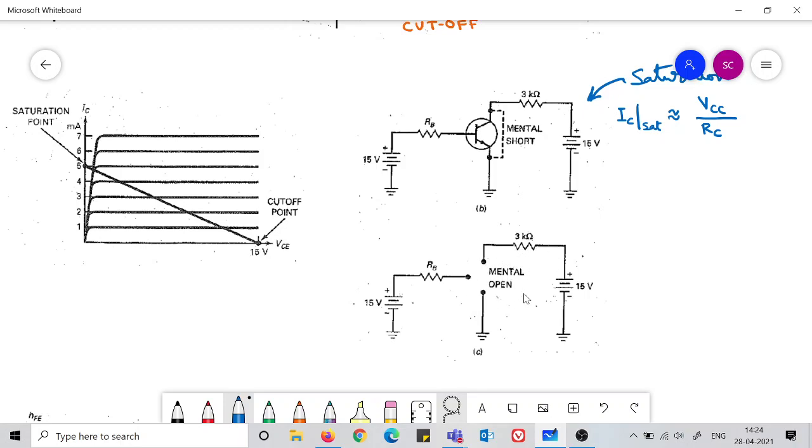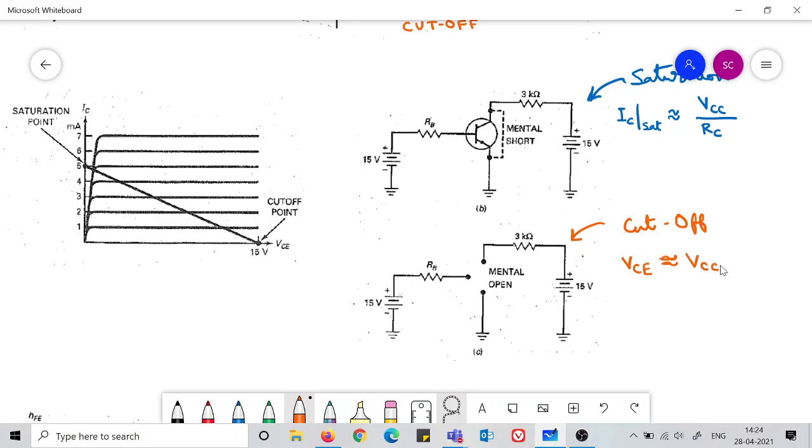So what we need to ascertain is the voltage across this transistor. What is VCE in this condition? This is the cutoff condition which we are trying to analyze using this mentally open circuit, and in this case you will find VCE, in the situation that IC is 0, is simply VCC, 15.